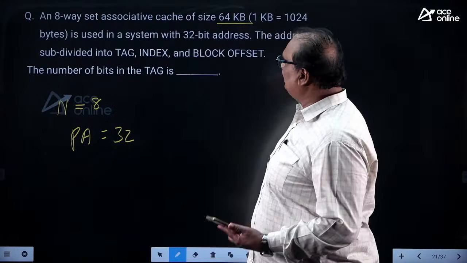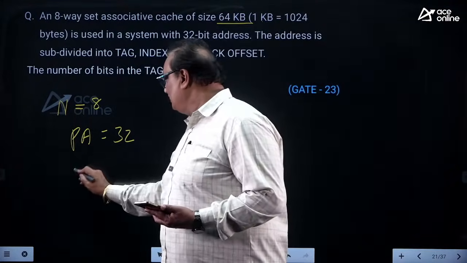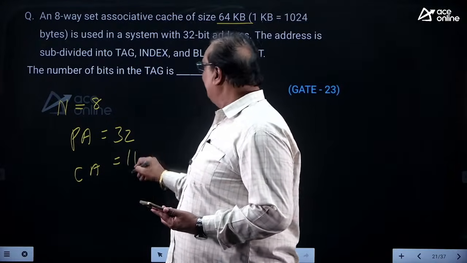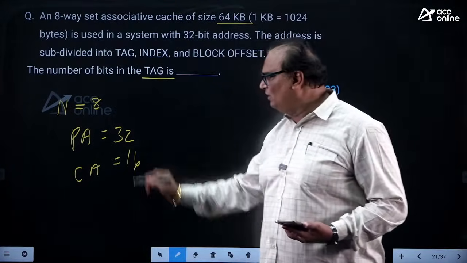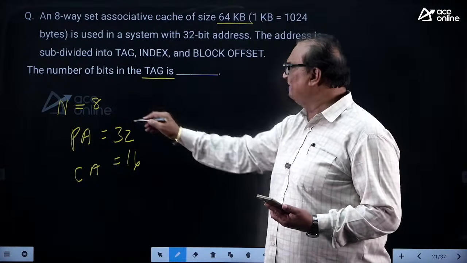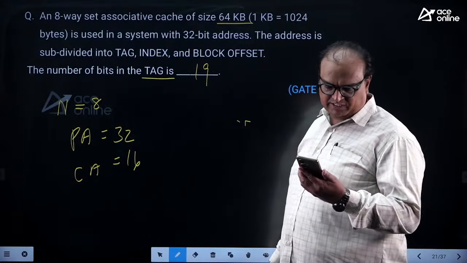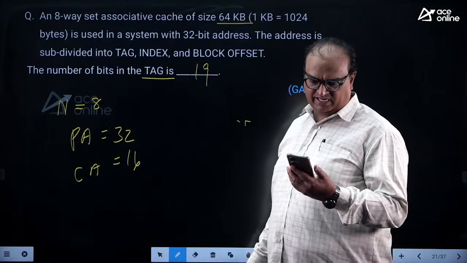The cache memory size 64 KB means 2 power 16 bytes, so CA is equal to 16. He asked the tag field size. Already we know PA minus CA gives 16. 16 plus log 8 means 3, so 19. Pen and paper are not needed for this. Be positive. Kiran, Abhida gave the correct answer for this.